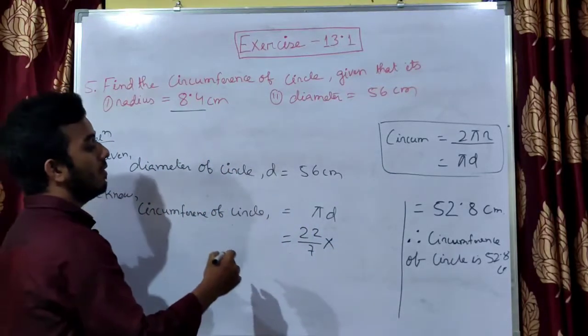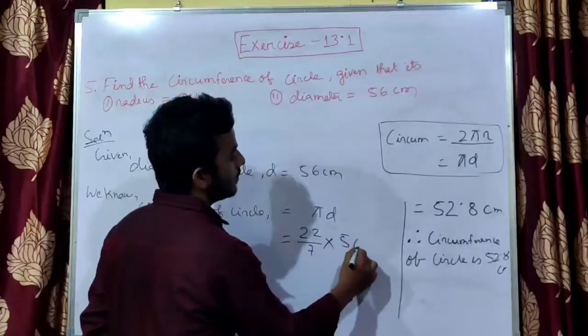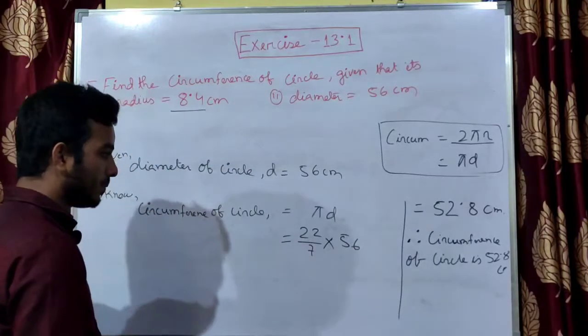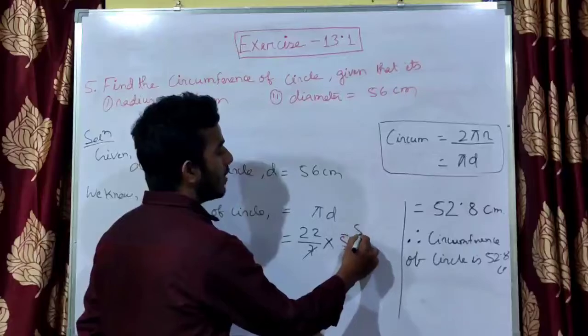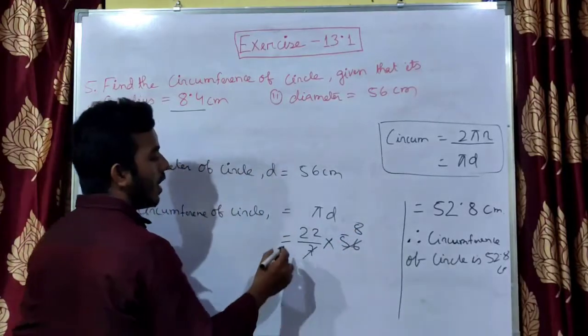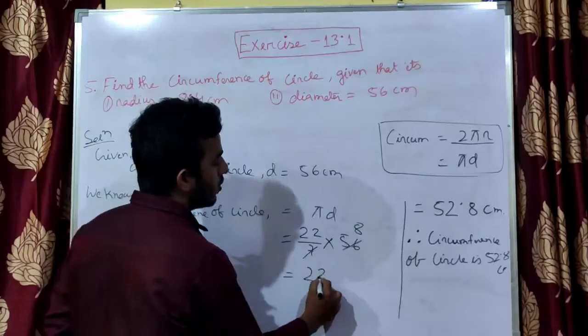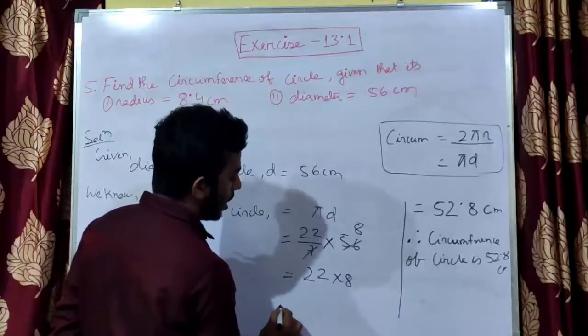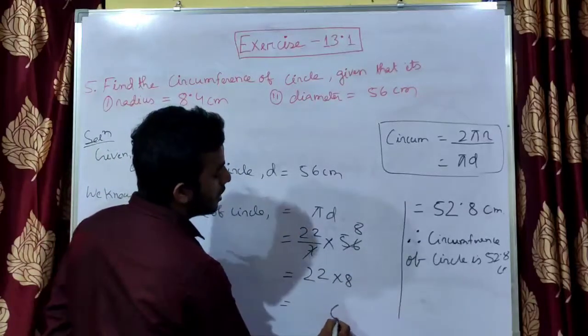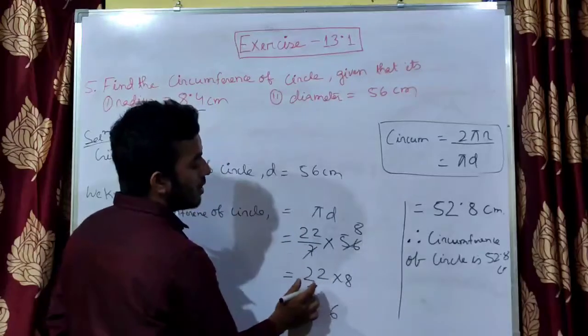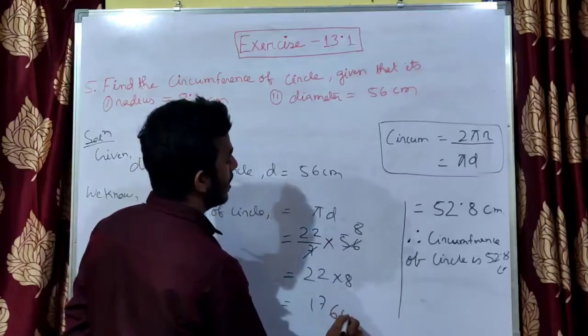Diameter is 56. So 7 cancel, 7 8 is 56, right? Now we will multiply 22 into 8. 22 into 8 is how much? 8 into 2 is 16. 1 remainder 16, 17, right?